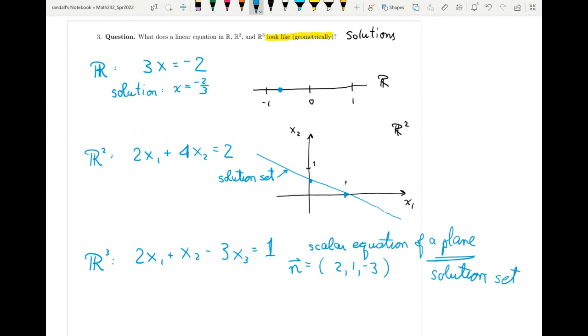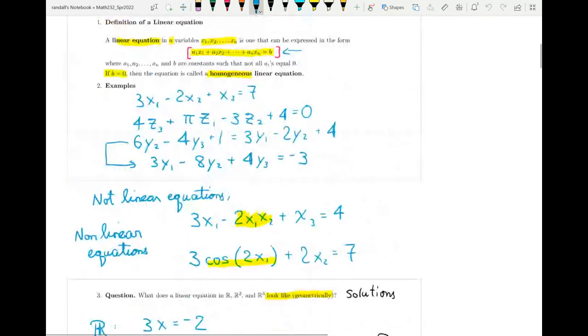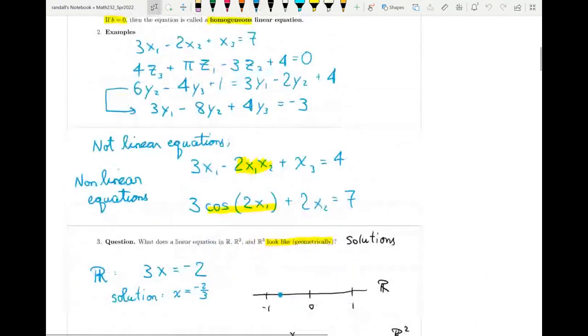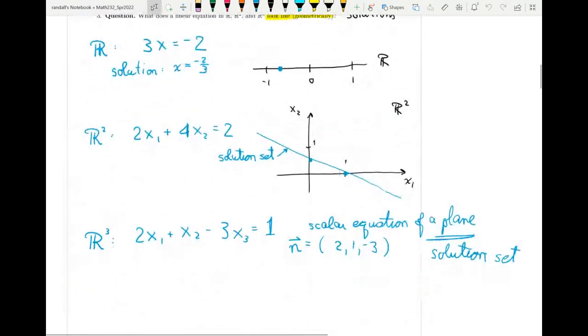Okay, so there's a geometric interpretation of these linear equations in the sense of their solutions. As I mentioned above, one reason why linear equations can become complicated is there could be many variables. So you can see how this is going to proceed in R4, etc. In R4, hopefully you'll remember that from last lecture, a single linear equation is the scalar equation for a hyperplane.